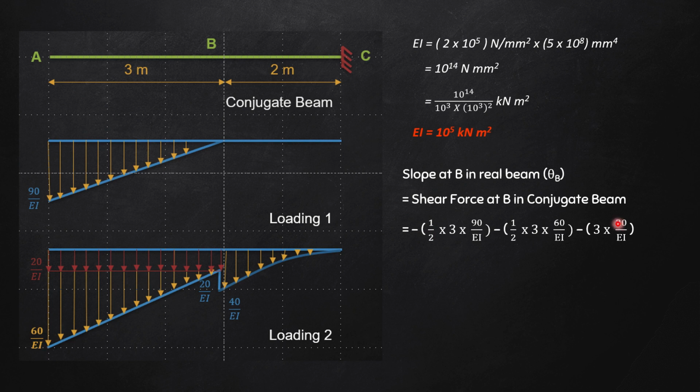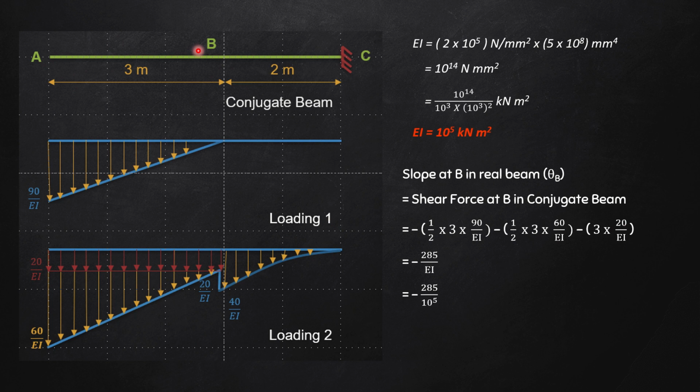And lastly, I am going to consider this rectangular loading, nothing but the UDL. So it will be only base into height. So minus 3 into 20 divided by EI. And of course, I do not have to consider this loading, as I am finding out at B and I'm coming from left to right. Okay, so if I calculate this, it comes out to be minus 285 by EI.